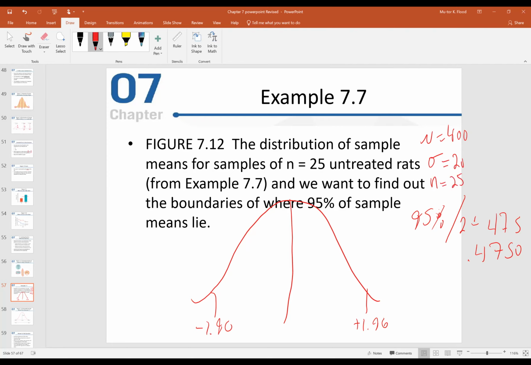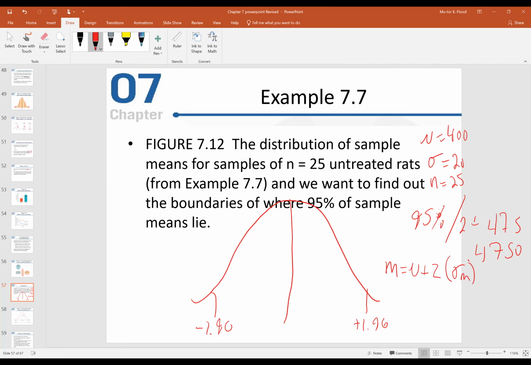If you want to know what those exact numbers were, we would plug it into the sample mean equation: the sample mean equals the population mean plus the z-score times the standard error of the mean.